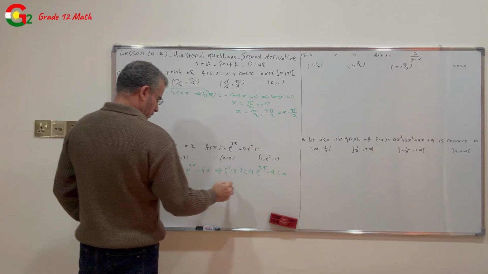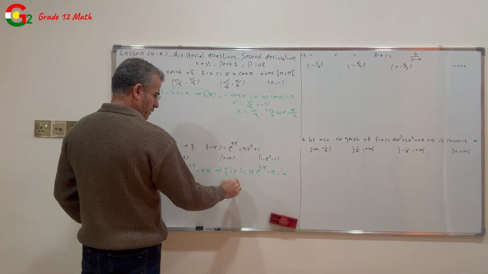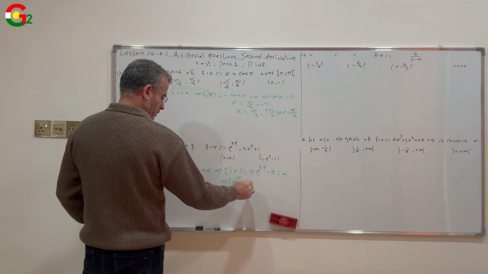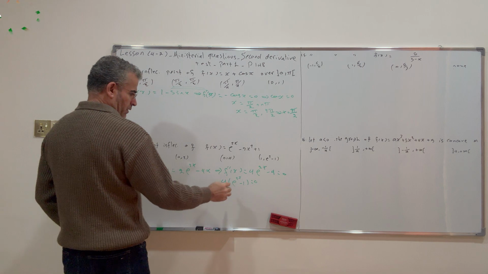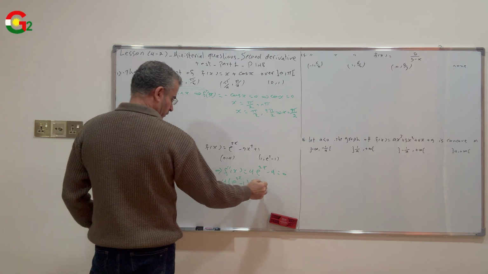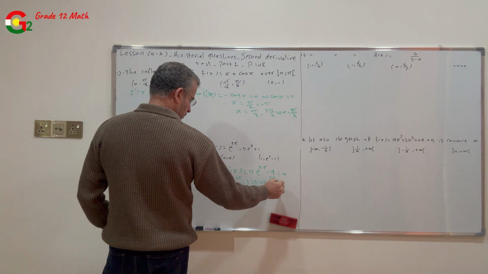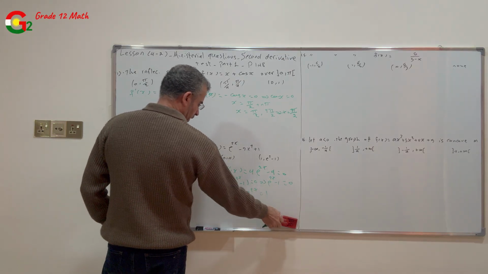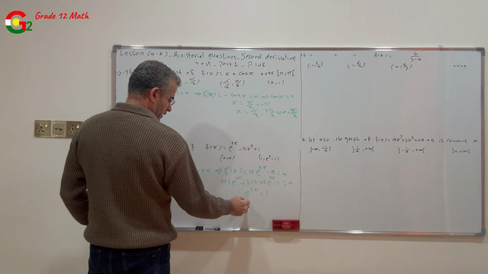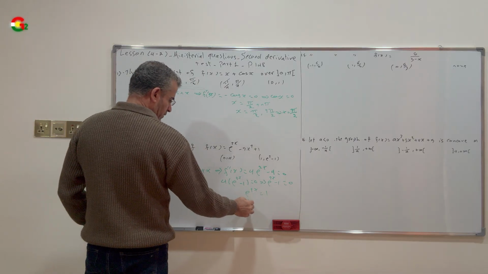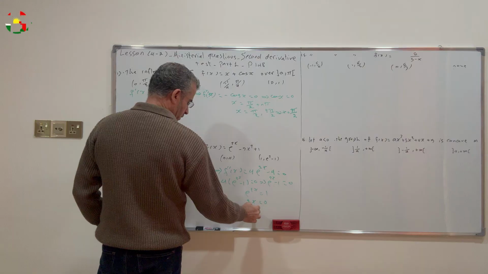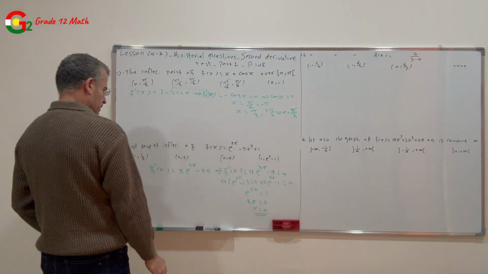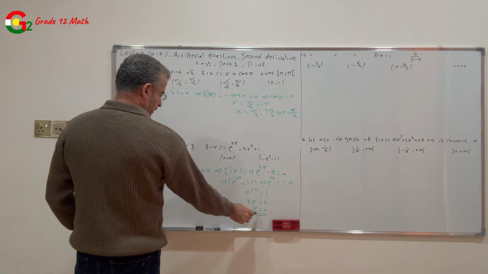Set it equals 0, factorize by 4, e to the 2x minus 1 equal 0. Then e to the 2x equal 1. Take the ln for both sides, ln e to the 2x, ln 1 is 0, then x equal 0 is the inflection point of this function.